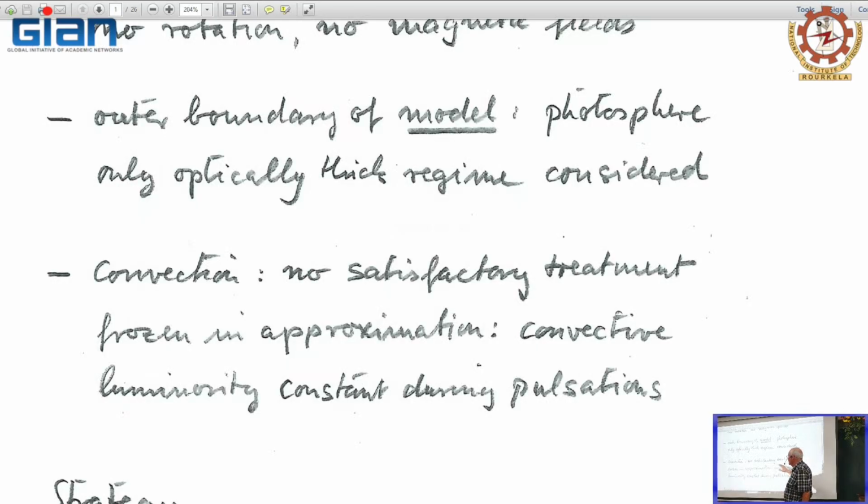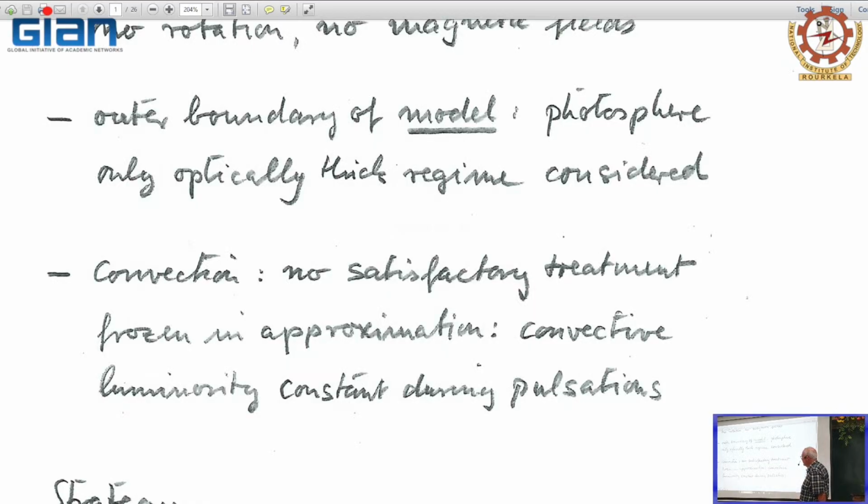And this is also true for the nonlinear treatment. For convection, we do not have a satisfactory treatment, and the only way we could treat it is done as in the linear case. We adopt the frozen-in approximation, and we assume that even during the nonlinear simulation, the convective luminosity is assumed to be constant. The perturbation of the luminosity is 0.